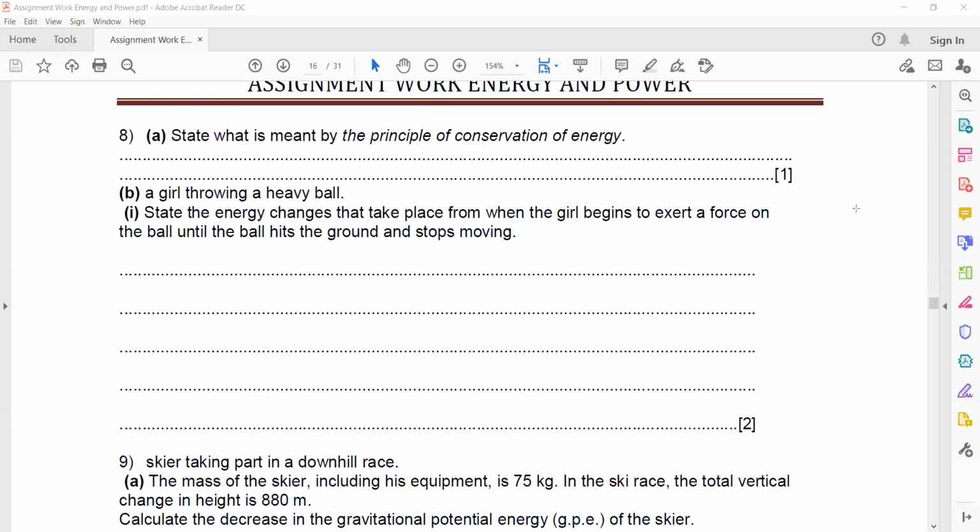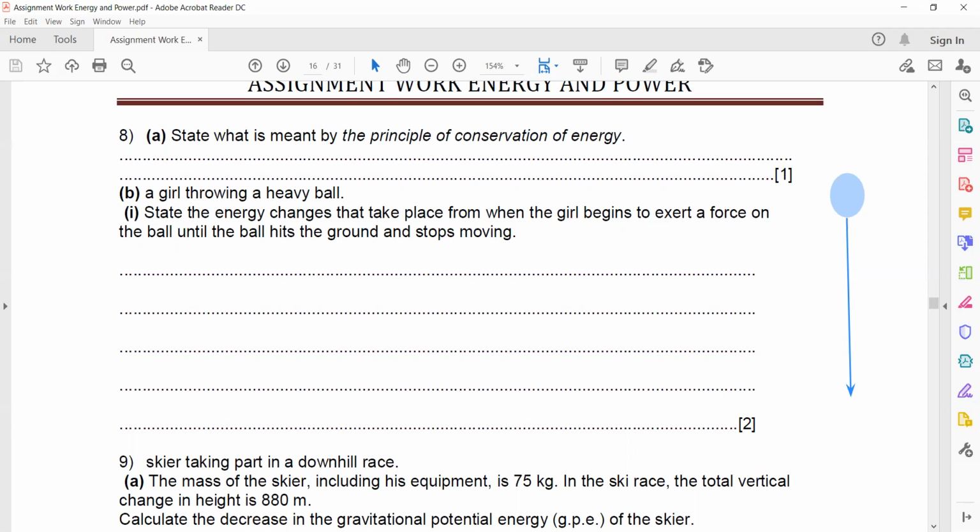So a girl is pushing the ball. So what is the energy change? Whenever you are applying a force on anything, which form of energy is there?